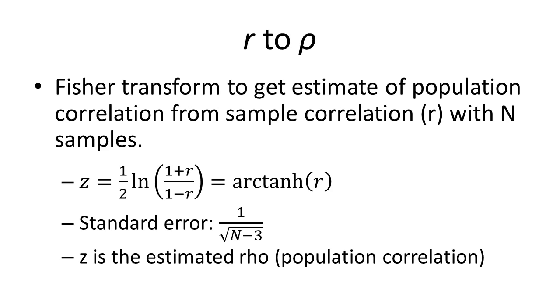Basically, it's a z-score, where z is equal to 1/2 times the natural log of (1 plus r) over (1 minus r), the arctanh, which is just a MATLAB function you can type in. And then the standard error for that is dependent on just the number of samples. So z becomes the estimated rho, or the population correlation here.